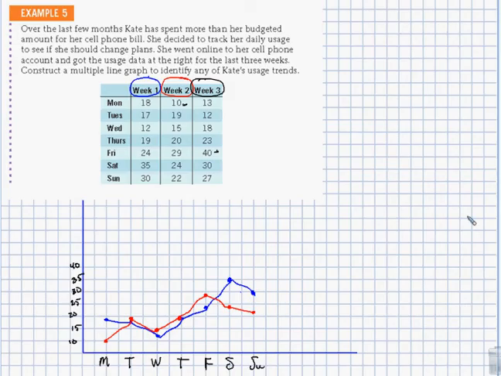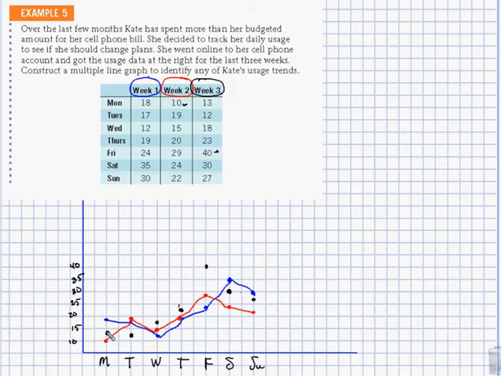And then week 3, 13, 12, 18, 23, 40, 30, and 27.